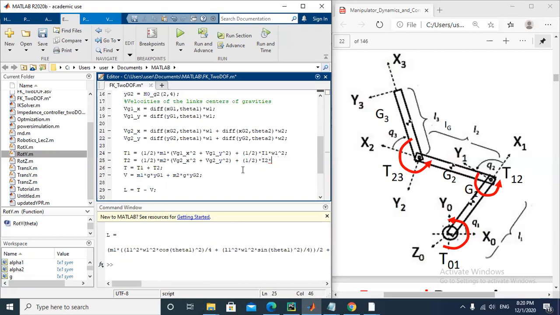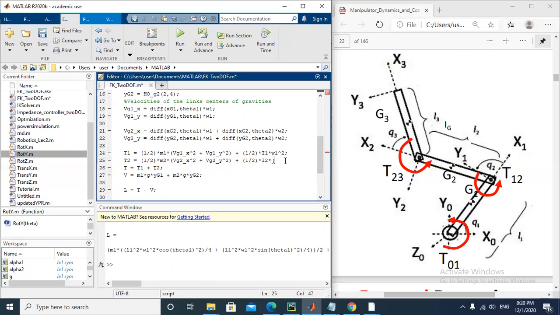Is that correct or no? That's not correct. Why? Because when you are finding the kinetic energy, it has to be absolute, just like the way we did these, the absolute velocity of the center of gravity. The kinetic energy has two components. One is linear, the linear velocity of the center of gravity, so 1/2 m times the velocity of the center of gravity squared, plus the rotational component.